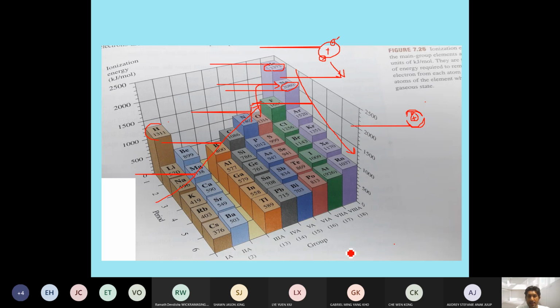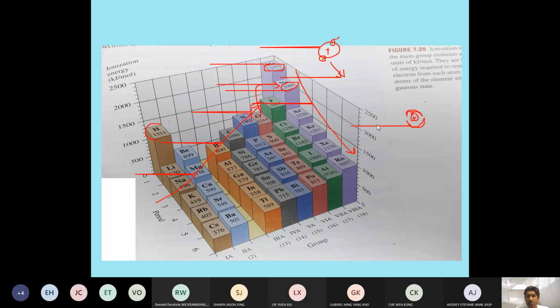Which of the elements, you can just tell me is left, right, up and down or something like that. It's okay, don't have to be specifically period or groups or anything. Just tell me which side it will be easier to form positive charge.